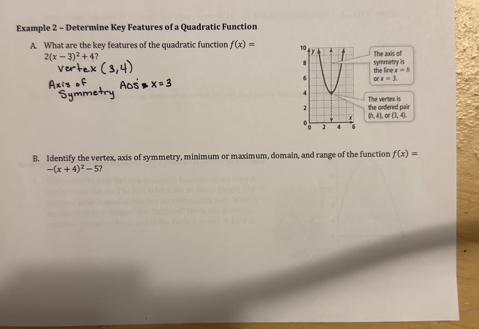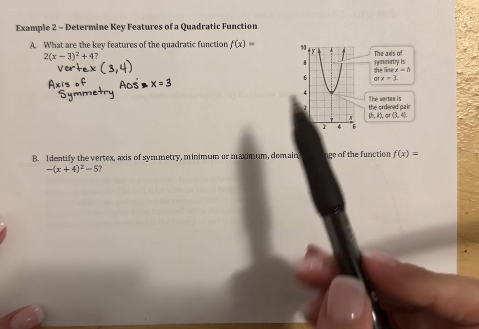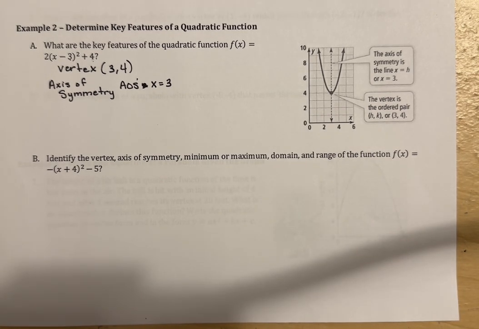Now we also need to talk about minimum or maximum. Minimums are the lowest points on the graph, and maximums are the highest points. Quadratics have one or the other, but not both. As you can see from looking at the graph to the right, we have a lowest point, not a highest point. Lowest points are like valleys, highest points are like tops of hills.